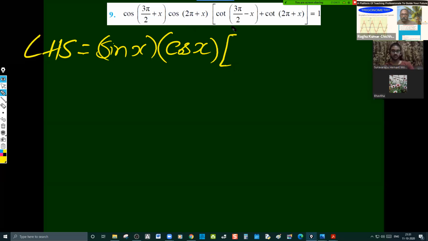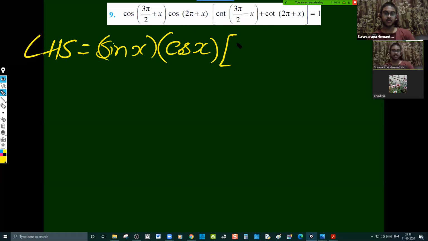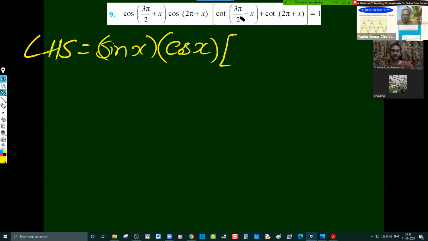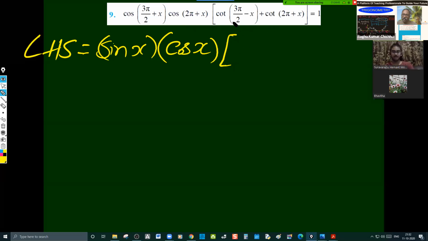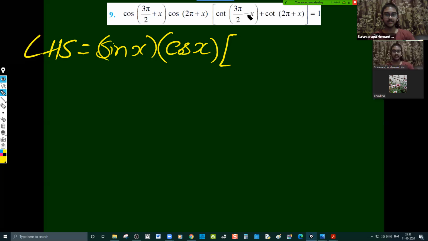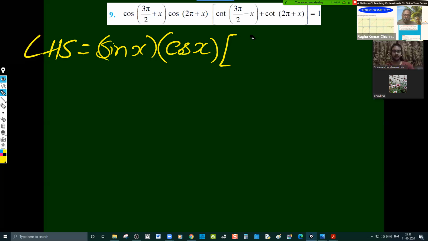Tell me this one: cot of 270 minus x. That's the third quadrant. Cot is positive.